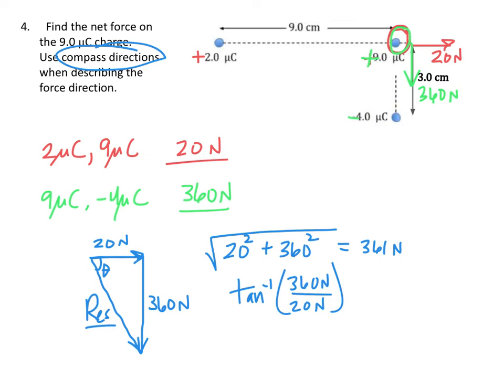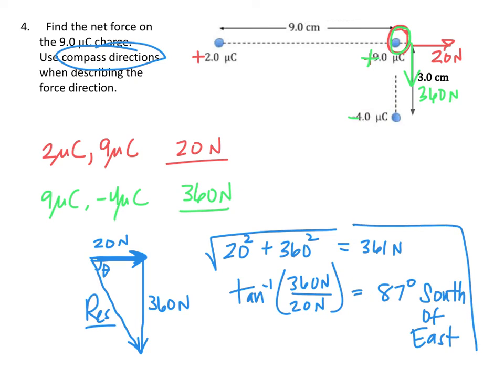And when I do the inverse tangent of that, we get 87 degrees. And if I was going to describe that, my main direction that's right next to the angle is to the east, but I'm south of that. So that's how we describe it, south of east. So a few things to try to remember from previous unit. See what you can do with that.